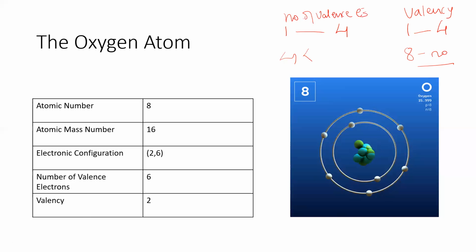So if I have 1, 2, 3, or 4 valence electrons, your valency will be either 1, 2, 3, 4. But if there are more than 4, you will do 8 minus the number. In a sense, if there are 6 electrons in the outermost shell, like in this case for oxygen, we do 8 minus 6, which gives us the answer 2. And therefore, this is how you're going to calculate the valency of an atom.